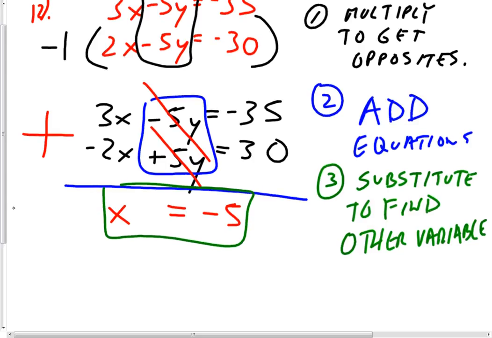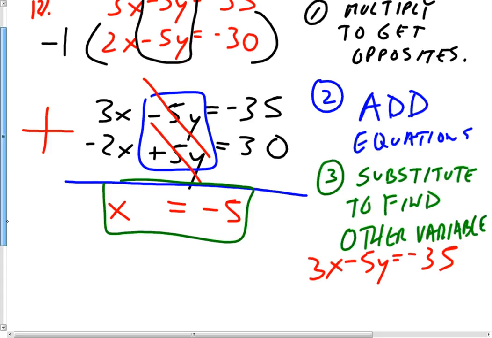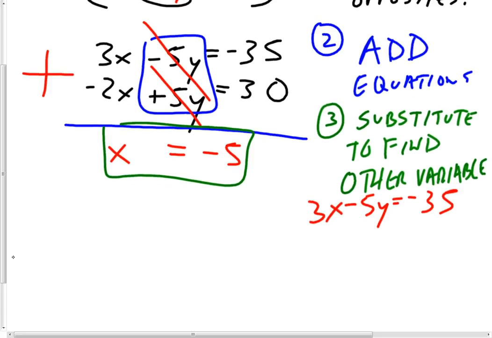I'm going to go with 3x minus 5y equals negative 35. Explain what I'm going to do. What do I mean by substitute? Take what you have, put it in for x.